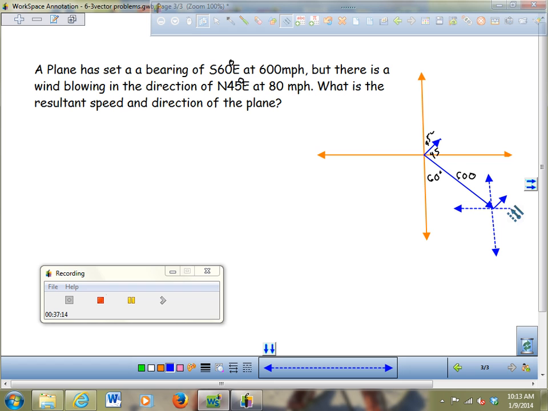Both of these would be 45 degrees. So this one right here is 45 degrees. Yes?